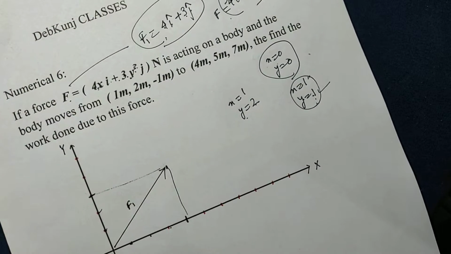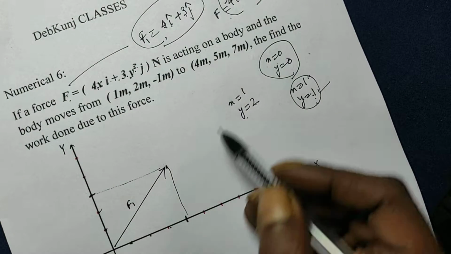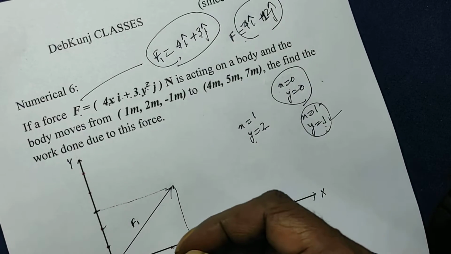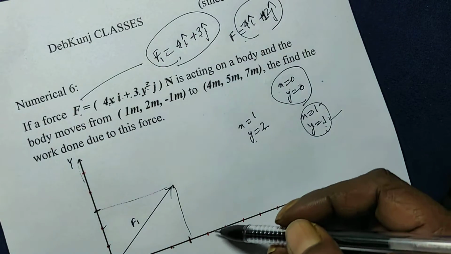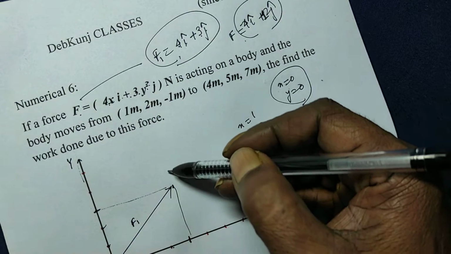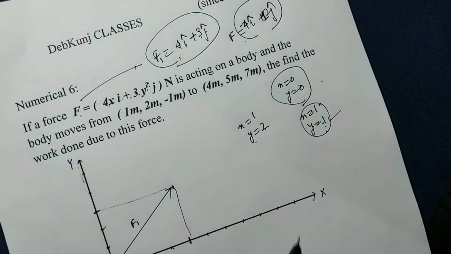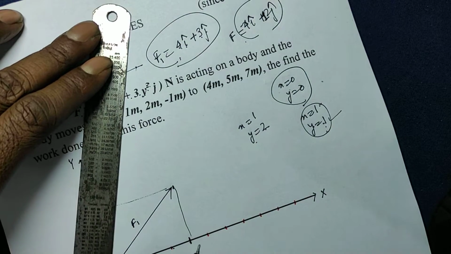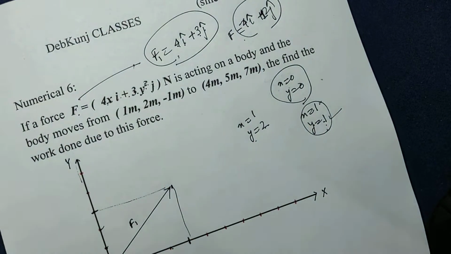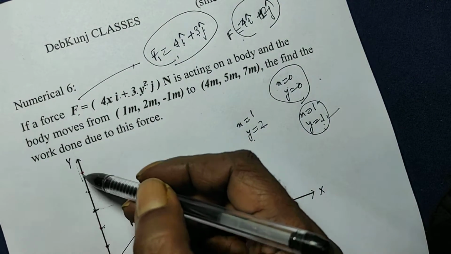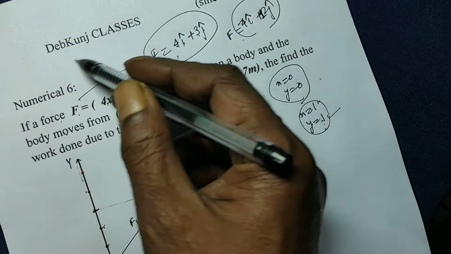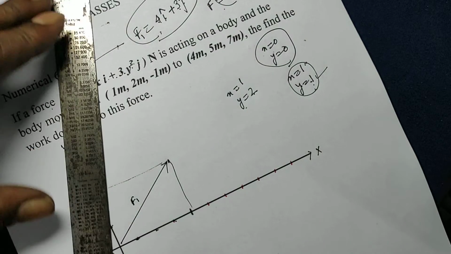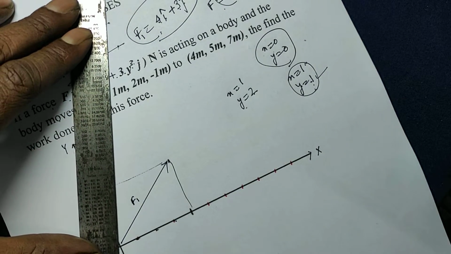So 4 units to this side, 1, 2, 3, 4, and 12 units to this side, 1, 2, 3, up to 9, suppose it is here. So the force vector will be like this.